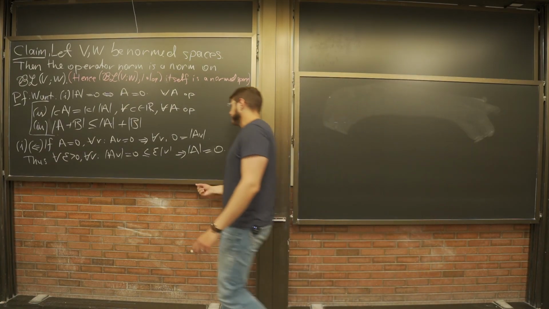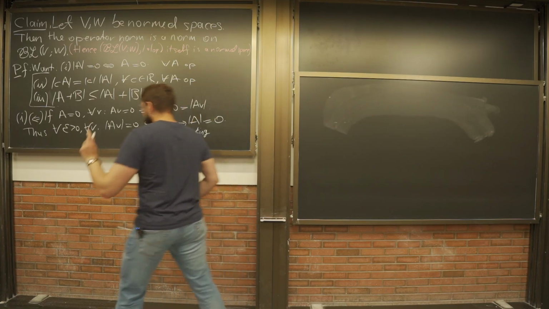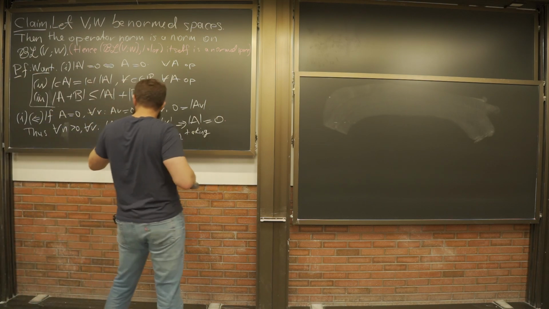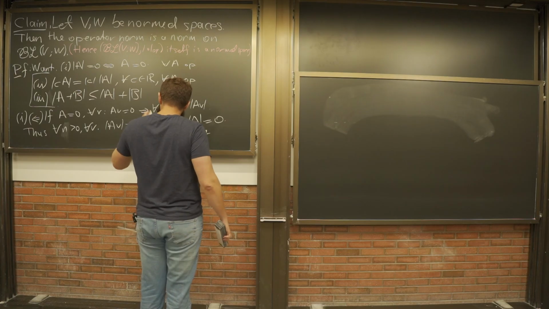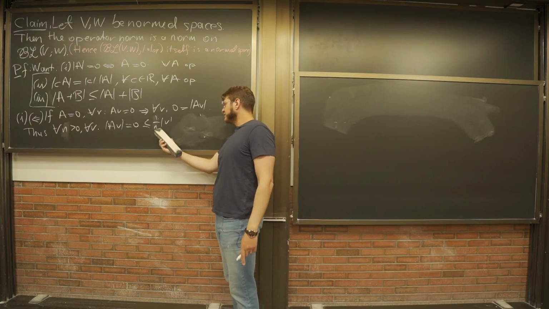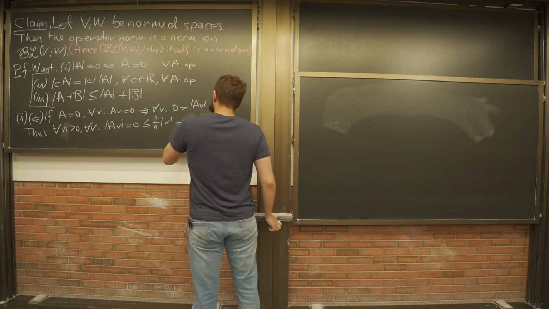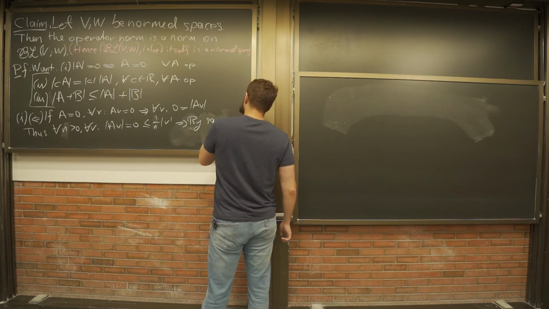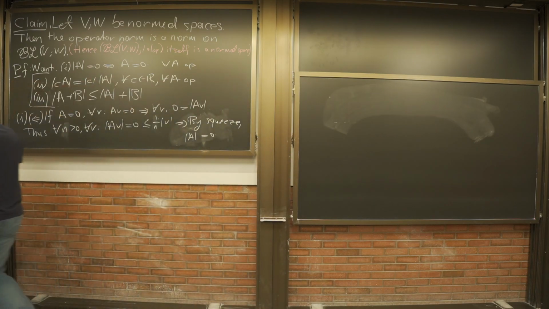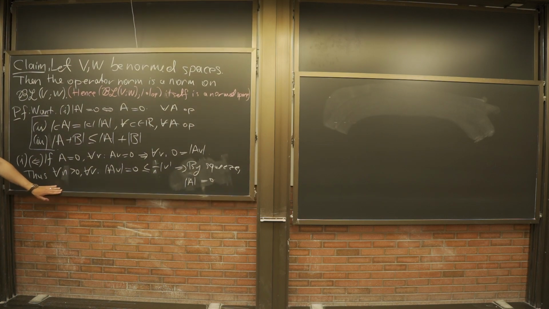Actually, thus for any n and for any V, the norm of A times V is bounded from above by 1 over n times the norm of V. Taking the limit as n goes to infinity, by the squeeze theorem, the operator norm has to be 0. How are we feeling about this?